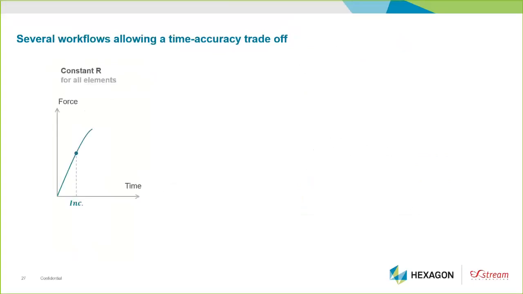In Digimat-RP, we provide several workflows in order to trade between time and accuracy for you to estimate part lifetime. The first workflow is the constant load ratio workflow, which means that the load ratio will be considered equal over all elements. We select an increment, rely on the stress field present at this increment as the maximum stress, and use it to define a specific load ratio, arbitrary from a user perspective, that will be applied over all elements.